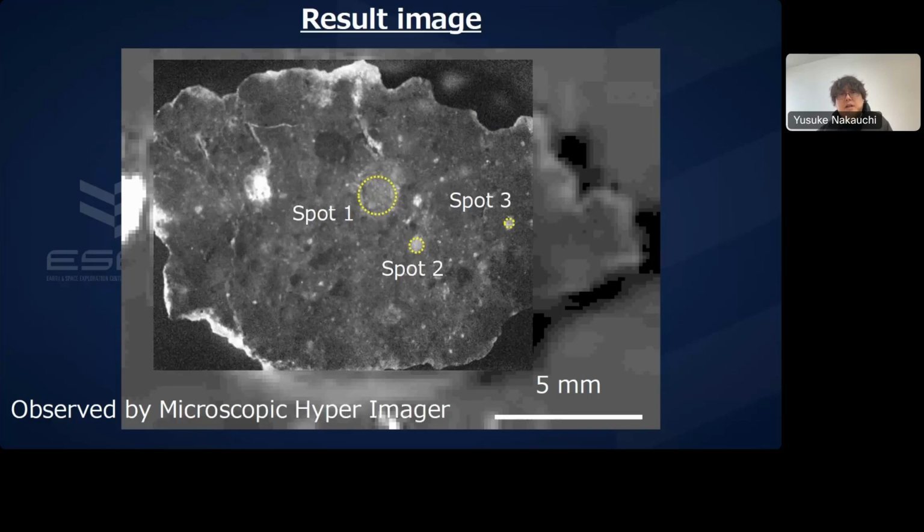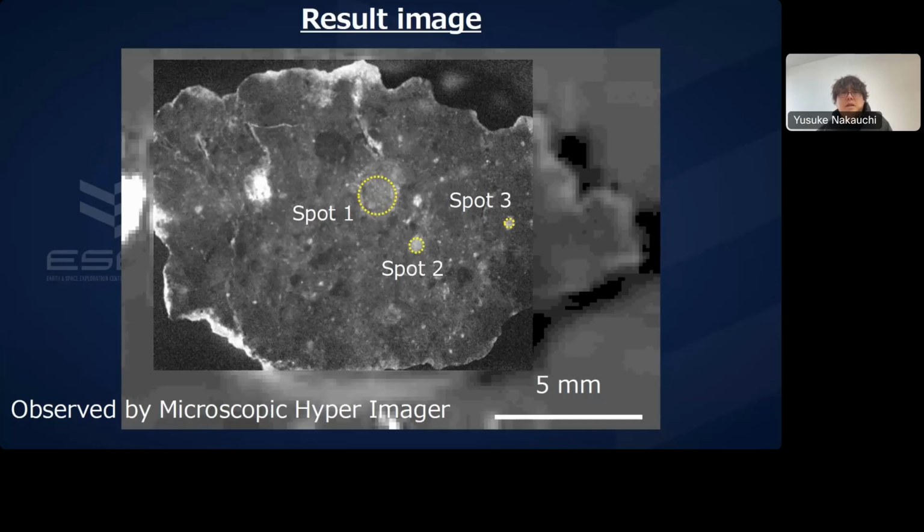The texture is clearly distinguishable. At this resolution, rock textures such as cracks, previously invisible in the MBC data, can now be clearly observed. Since this image was obtained by a hyperimager, each pixel in the image contains reflectance information.